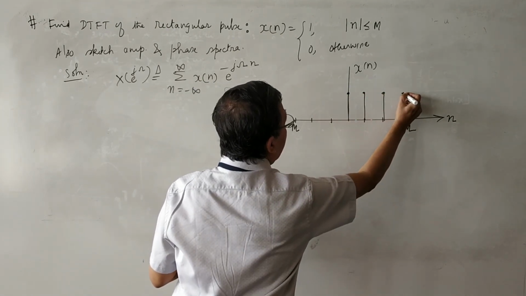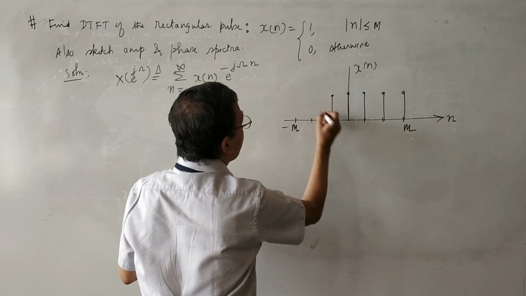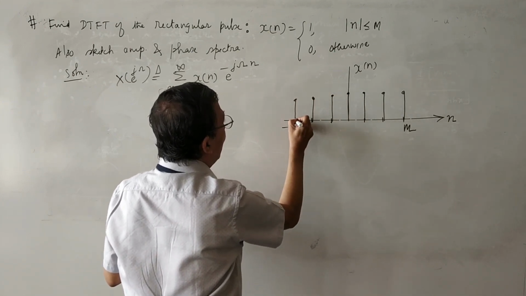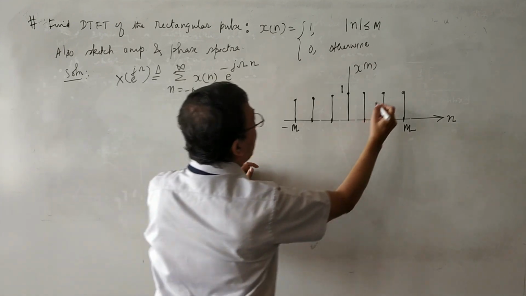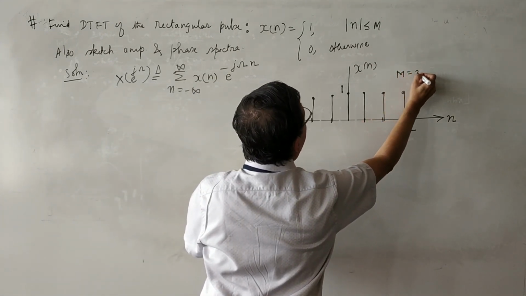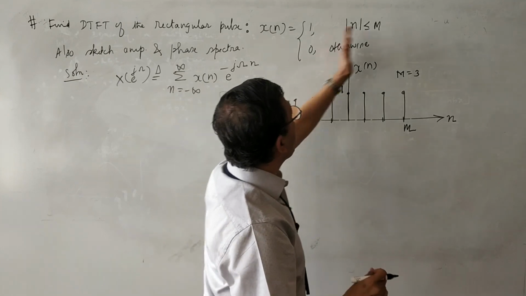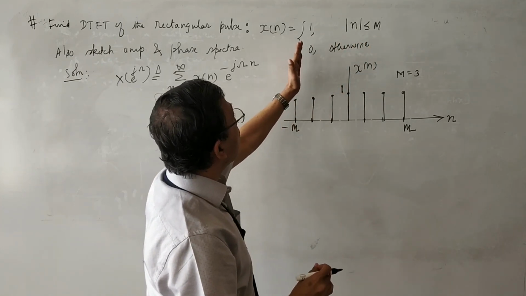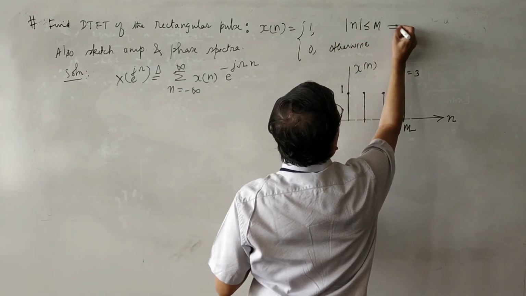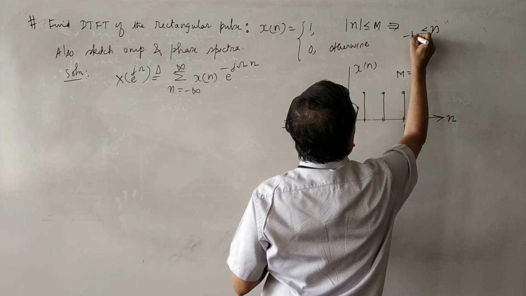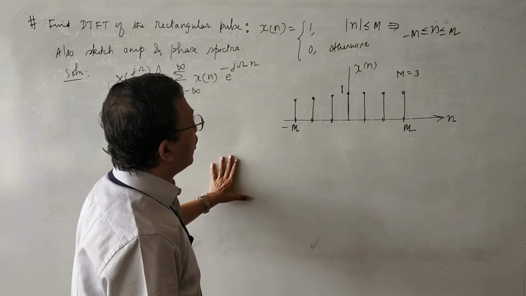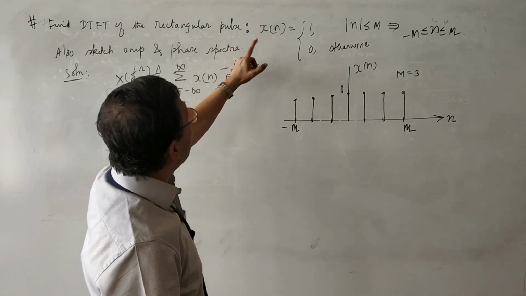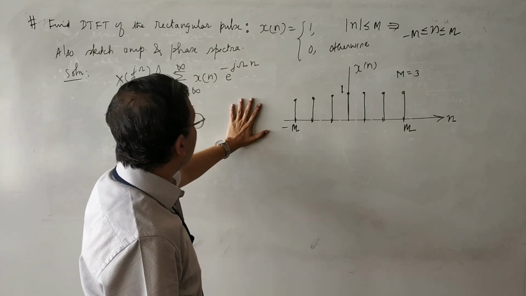This is a rectangular pulse which is even symmetric. All the samples have got unit value. I have drawn this figure for M equal to 3. Mod n less than or equal to M implies n varies from minus M to plus M. I have taken M equal to 3 for demonstrating why this is called a rectangular pulse.